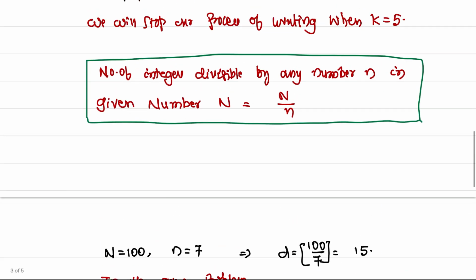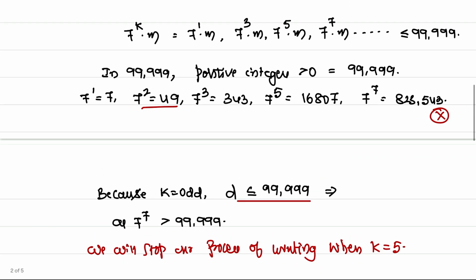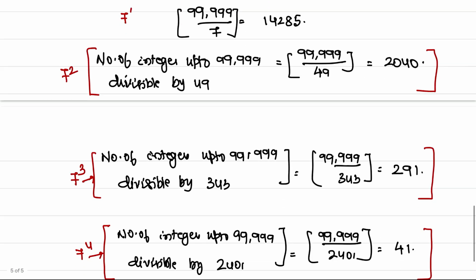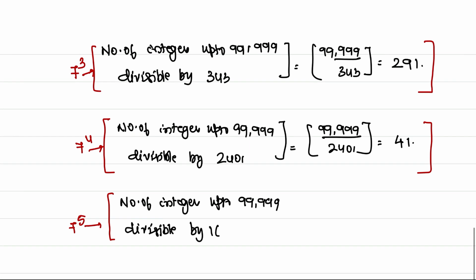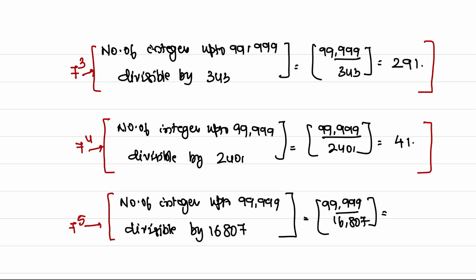What is the value of 7 to the power of 5? 16807. 99,999 divided by 16,807, that value is equal to 5.